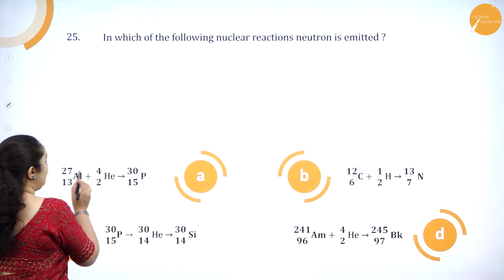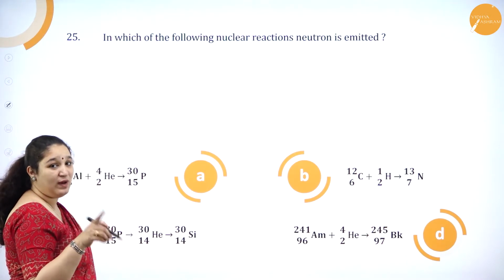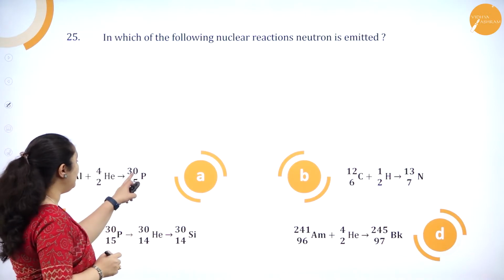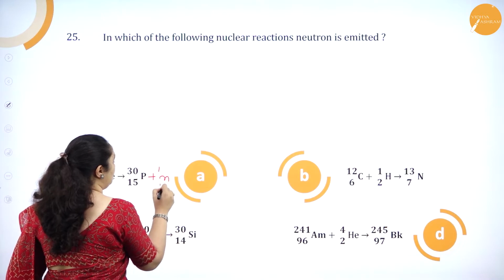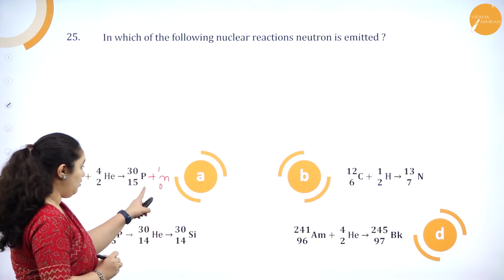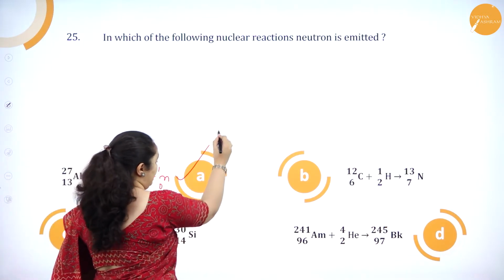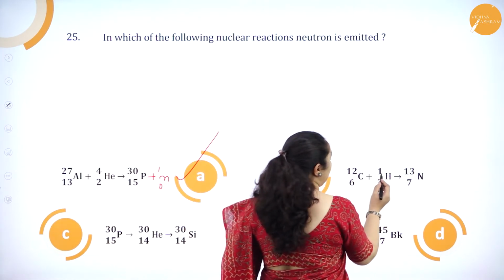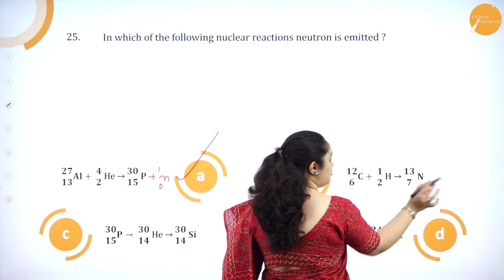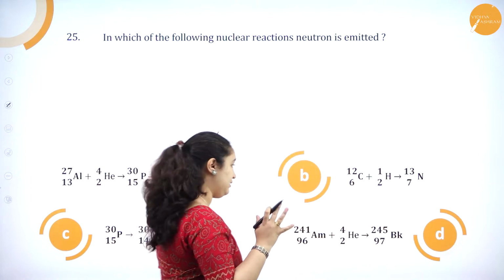So, 27 plus 4 is 31, correct? Here it is 30, so 1 is missing, so here the neutron has to be liberated, okay. Actually, this is the correct answer. We'll see why the others are wrong. See here, carbon, that is 12 plus 1, 13, nitrogen you have got, nothing else is liberated, okay.